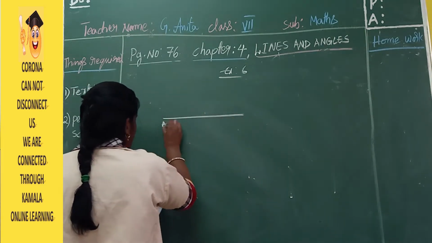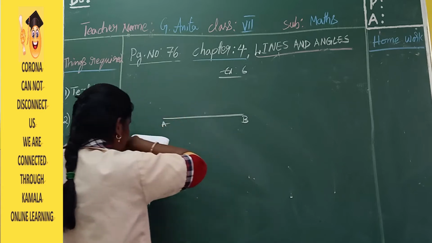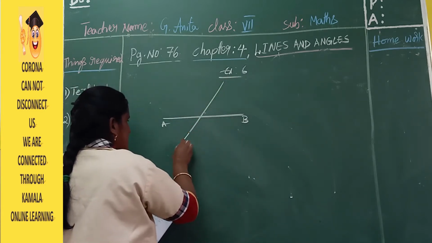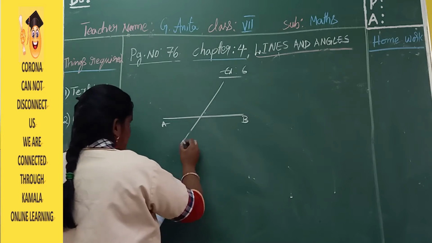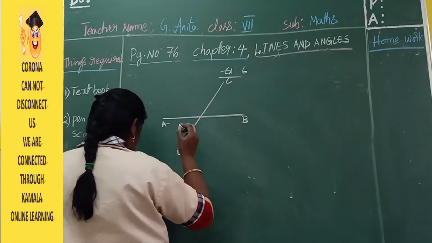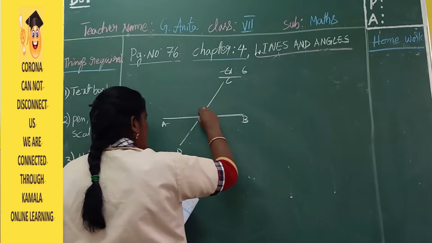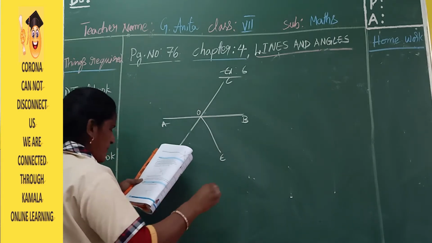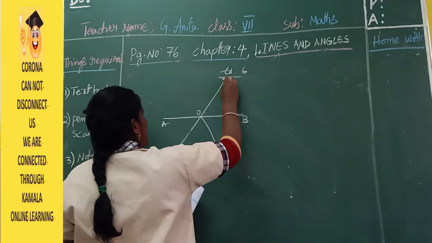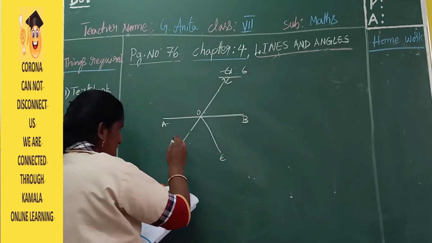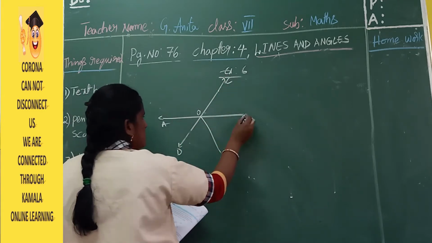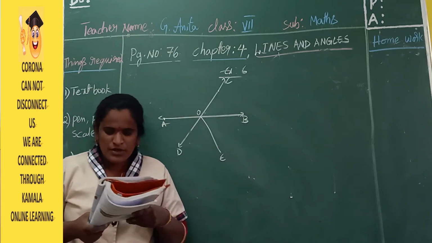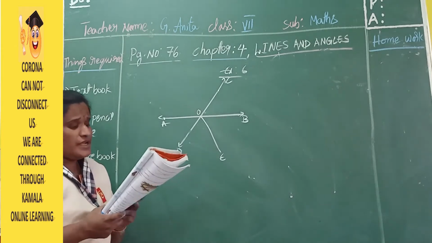Line segment AB is given, and another line segment CD intersects it, and also another line OE. So it is intersected by these lines. Observe what they are asking.